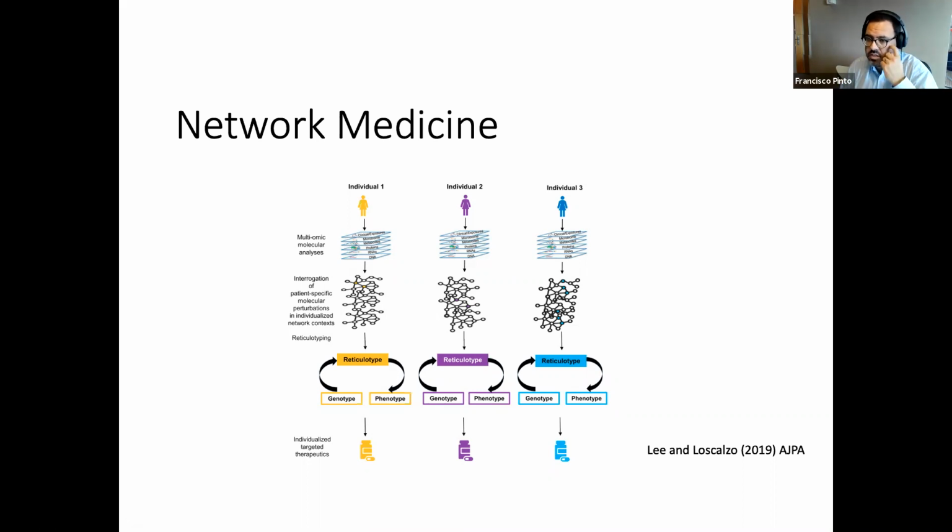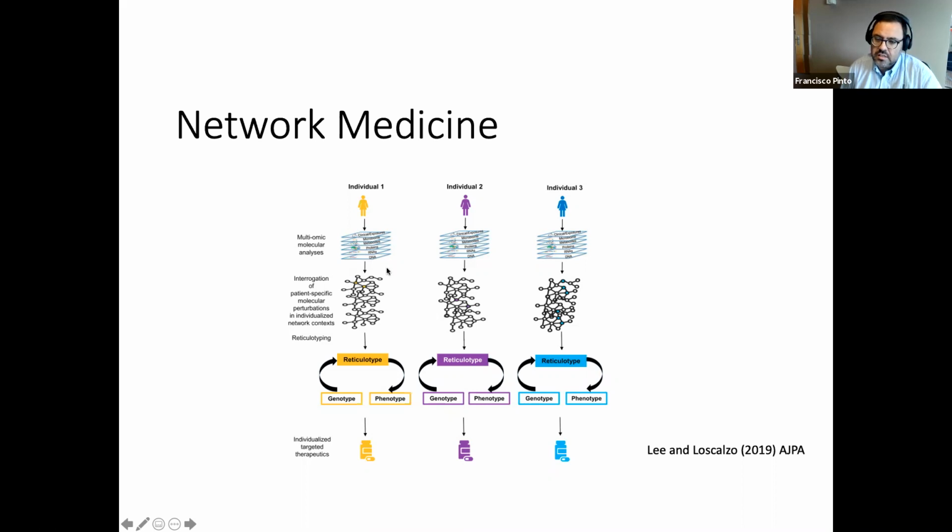It has unique characteristics that you can detect through these multi-omic analyses. And to make sense of these omics data, we are going to map these results in a network of biological interactors, a protein-protein interaction network, or multi-layers of biological network interactions.